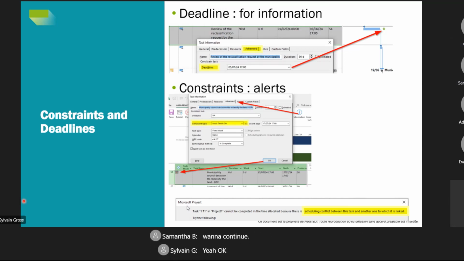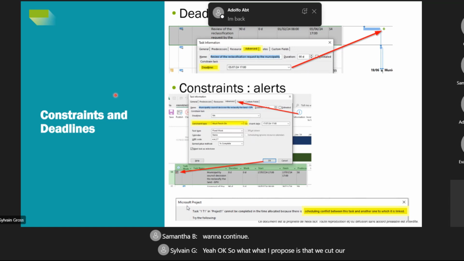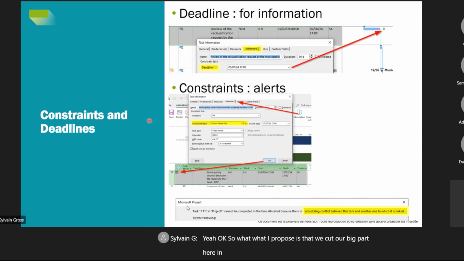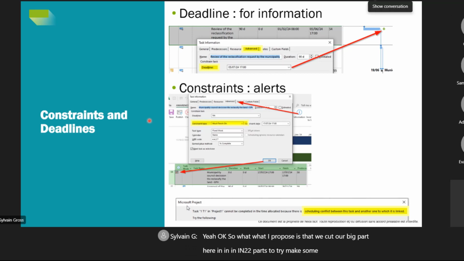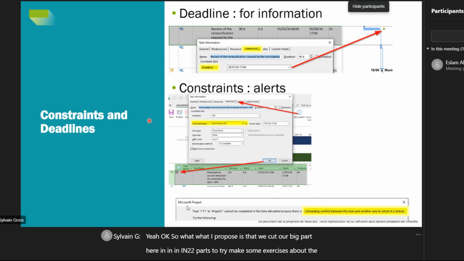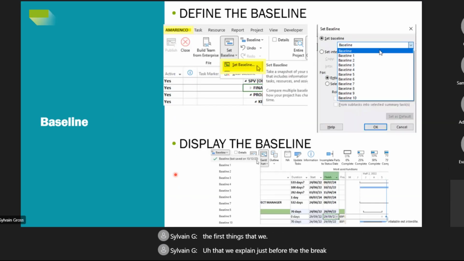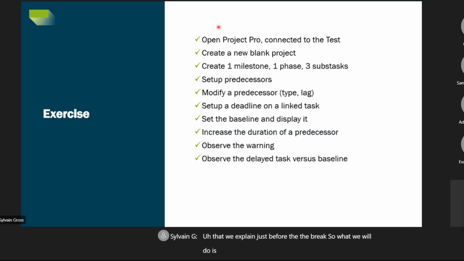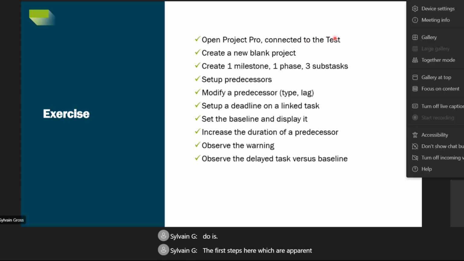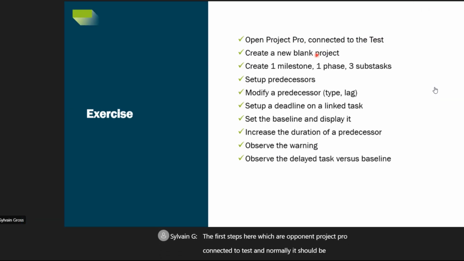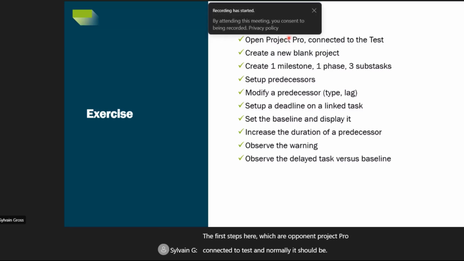Yeah, okay. So what I propose is that we cut our big part here in two parts to try to make some exercises about the first things that we explained just before the break. So what we will do is the first steps here, which are: open Project Pro connected to test. Normally it should be connected.